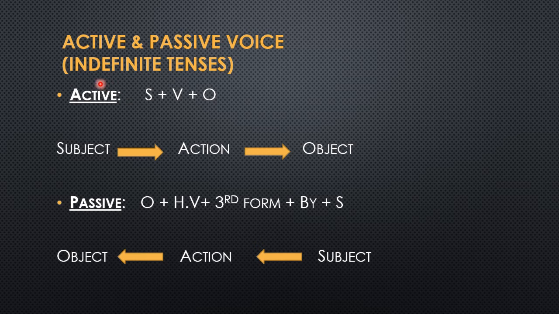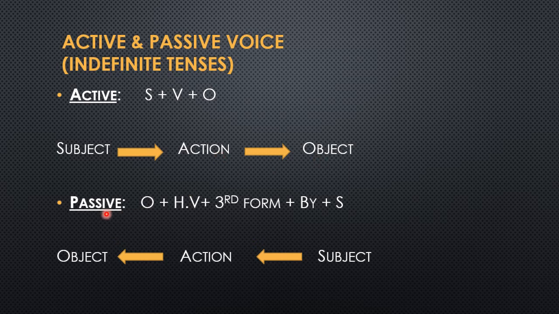ओके स्टूडेंट्स अब आपको जैसे पता लग गया है कि व्हाट इज एन एक्टिव सेंटेंस एंड व्हाट इज एन पैसिव सेंटेंस. So here are some formulas to change the active sentence into a passive sentence. The active sentence contains a simple SVO formula: subject, verb and object. Subject, action means verb, and the object.